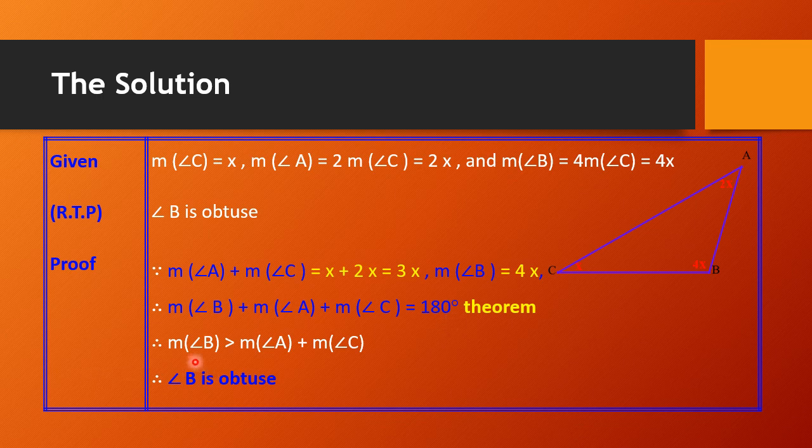Then measure angle B is greater than measure angle A plus C, because measure angle B is 4x and the sum of A and C equals 3x, so the measure of angle B is greater than the sum of measure angle A plus measure angle C, so B is obtuse.